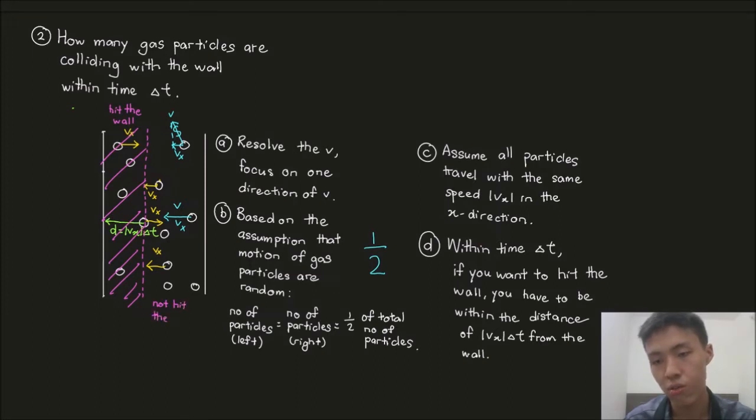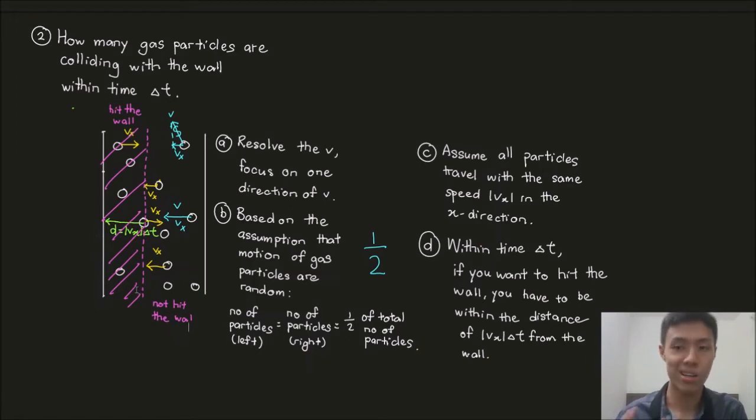So if we are able to find how many particles are in this pink region, the hit-the-wall region, then that's the number of gas particles that will collide with the wall within time delta t. So our mission here will be to find how many particles are in this region.